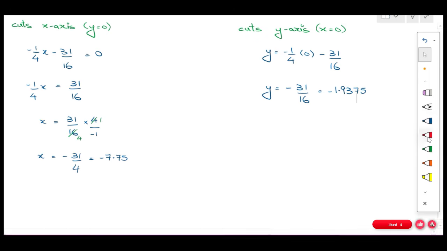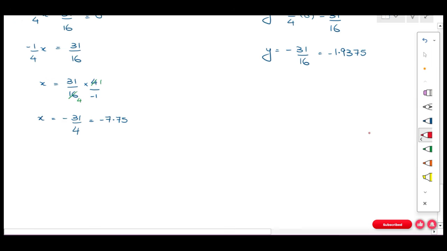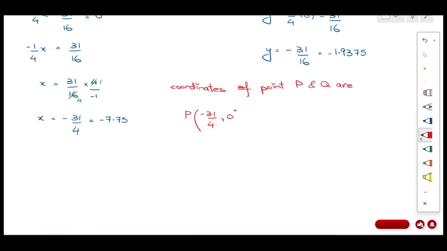So we can say the coordinates of points P and Q are, for coordinates of P, the x coordinate is minus 31 by 4 and the y coordinate is 0.